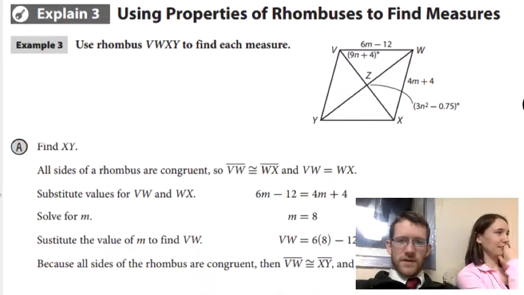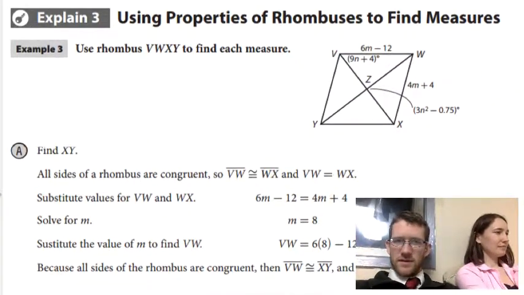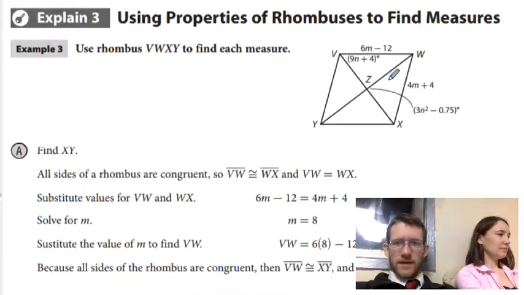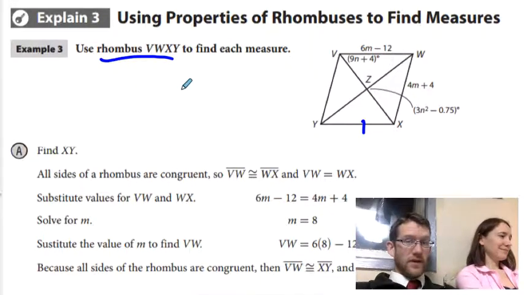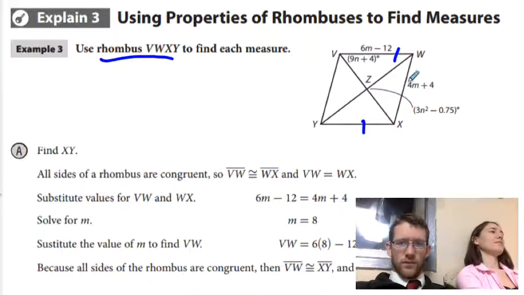So we can, again, use this to solve problems, and they throw some algebra in here at us, but we can handle it. For example, we need to find what XY is. So we need to find this length here. It tells us that it's a rhombus, so we have all of the properties of a parallelogram and all of the properties of a rhombus combined in this guy, so we know that XY is equal to VW, which is equal to XW.